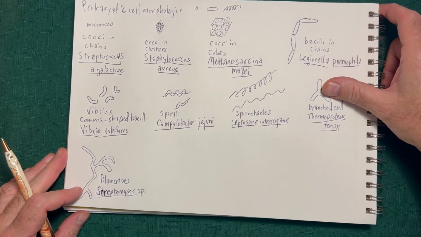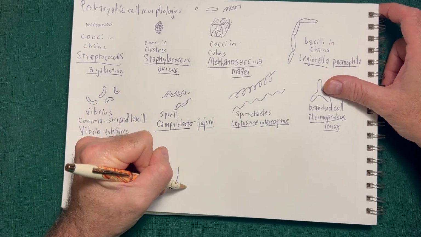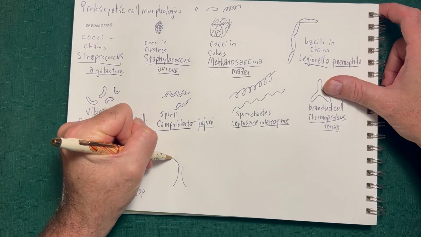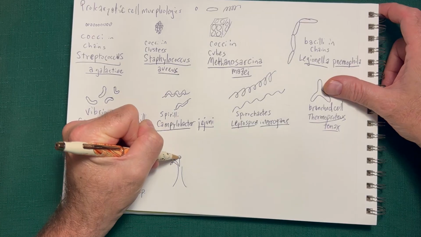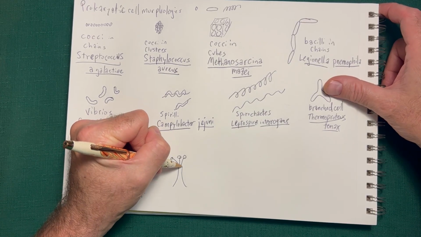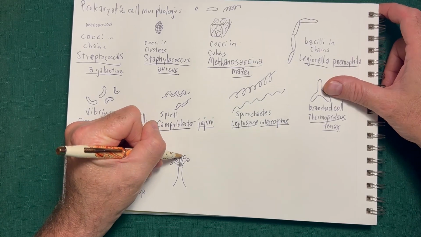So one more I want to draw for you is we can see examples of bacteria that will form colonial fruiting bodies, similar to what we see in many, many fungi.